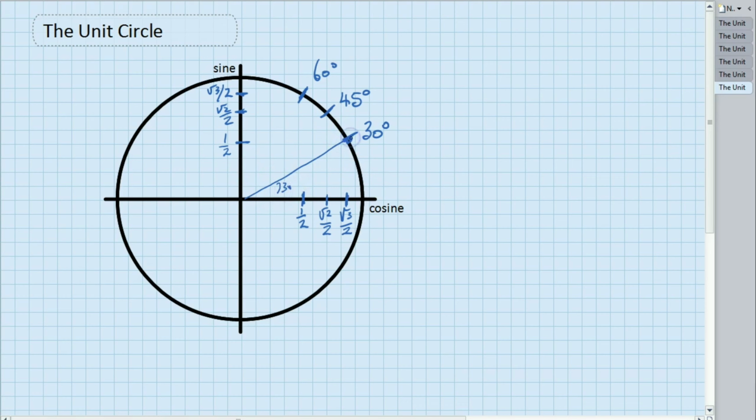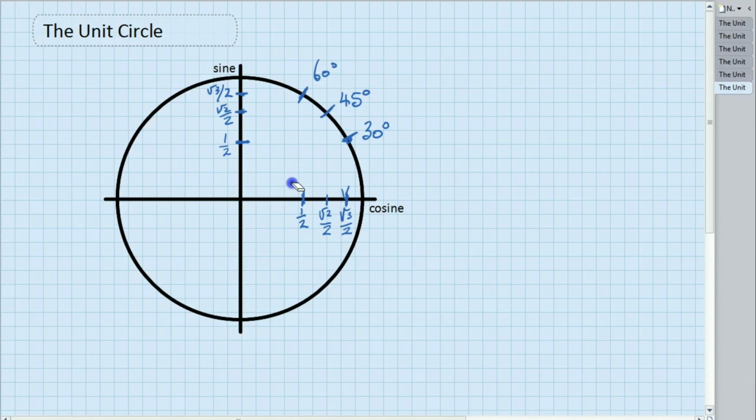From this point on the circumference, if I measure across to here, I can read off that this is a half. And so this is the opposite, this is the sine axis, the sine of 30 degrees is a half. And if I was to come down to the cosine axis here, this is the 30-degree angle, and therefore the cosine of 30 degrees is this value here, which is root 3 on 2.